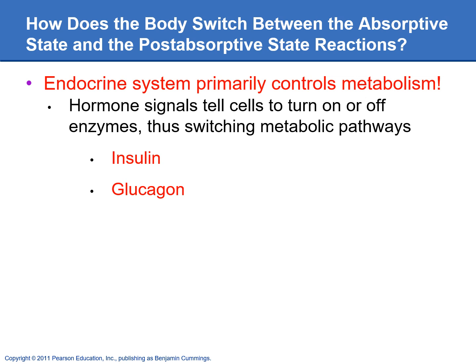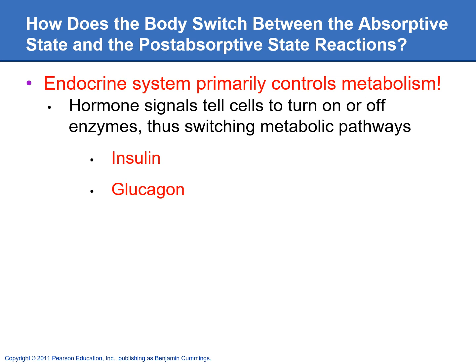So the endocrine system is going to be controlling metabolism and controlling that switch between the absorptive and post-absorptive state. And that makes sense because remember we said that the endocrine system and nervous system are the two systems that are in charge of the body, telling everybody what to do, and they maintain homeostasis. So it's not surprising to find the endocrine system in control of metabolism.